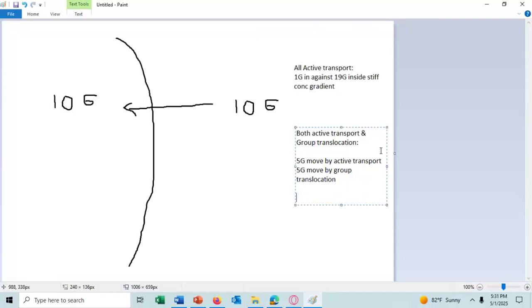So when we look at the concentration gradient, we'll talk about for the active transport, there's one glucose outside the cell moving in against not 19 now, but 15.